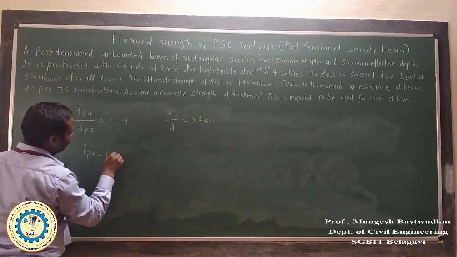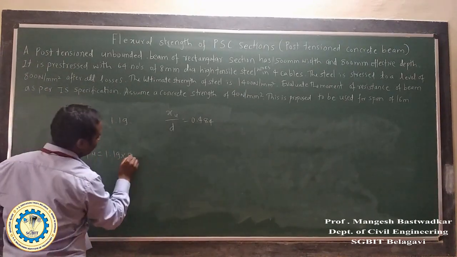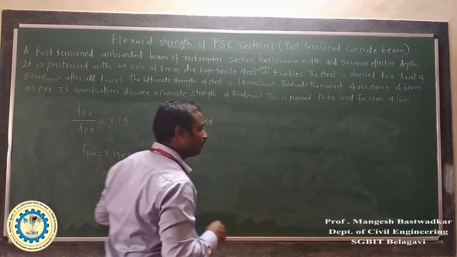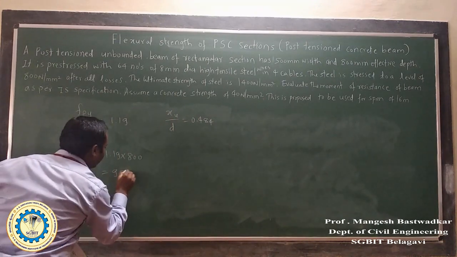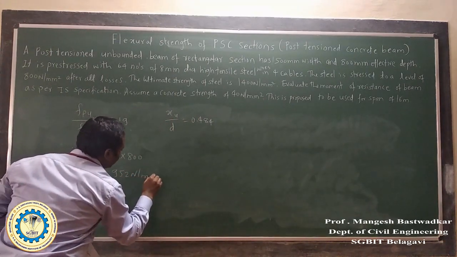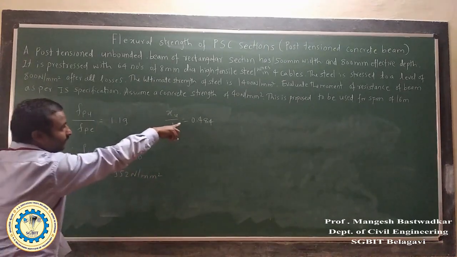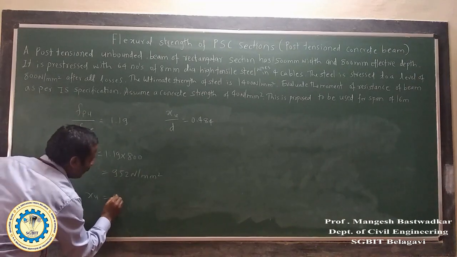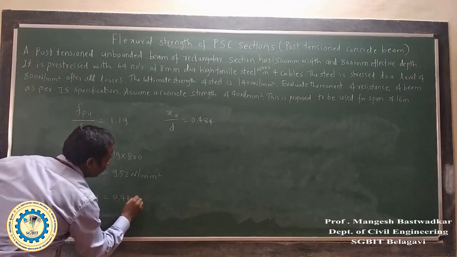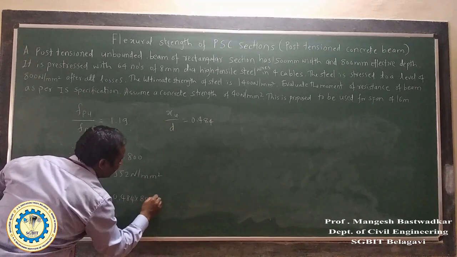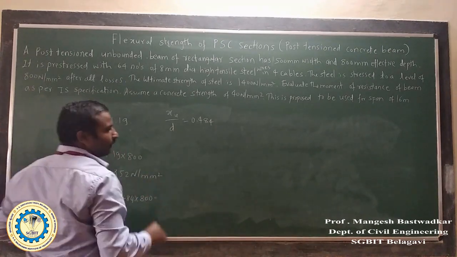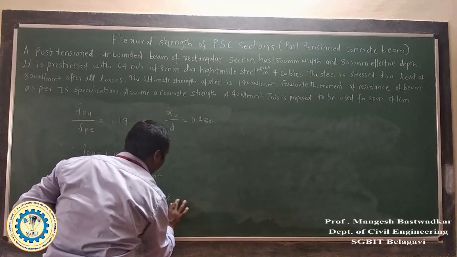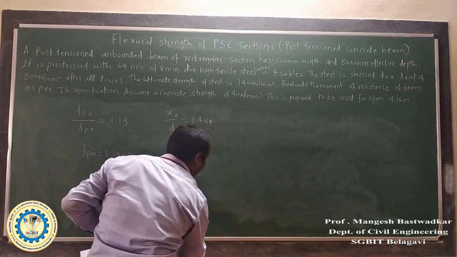So that is 1.19 into FP is 800. So you will get this value is 952 Newton per mm square. Then we will calculate the XU. From this, XU will be 0.484 into effective depth is 800. So here we have got 387.2 mm.